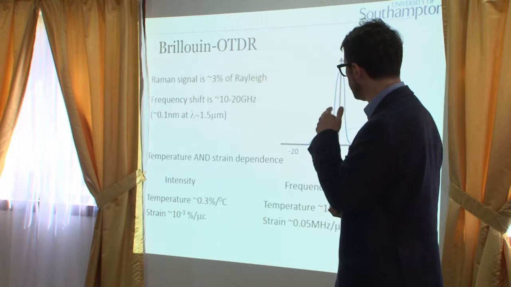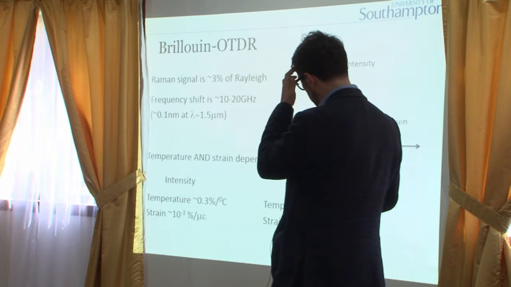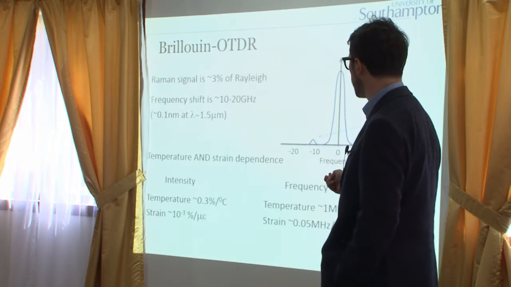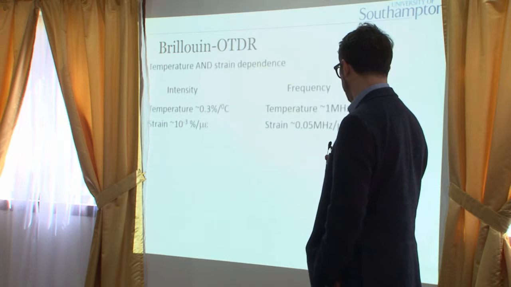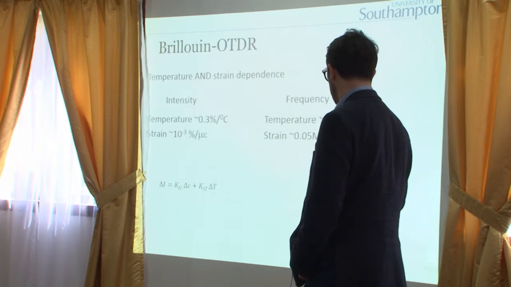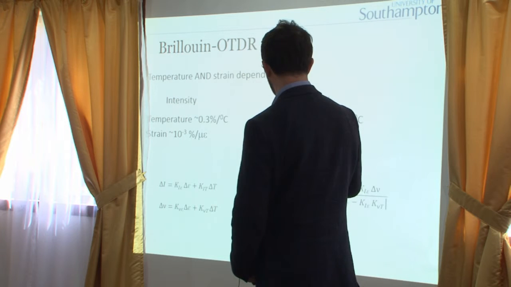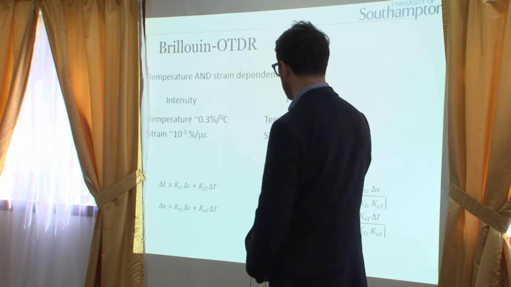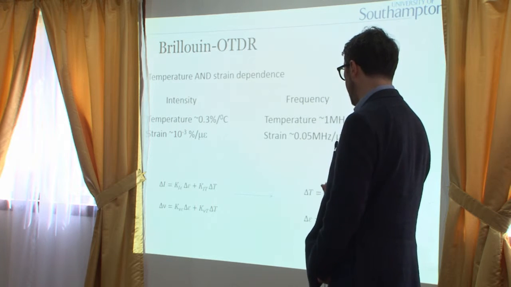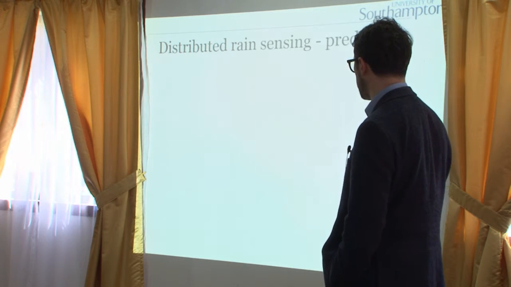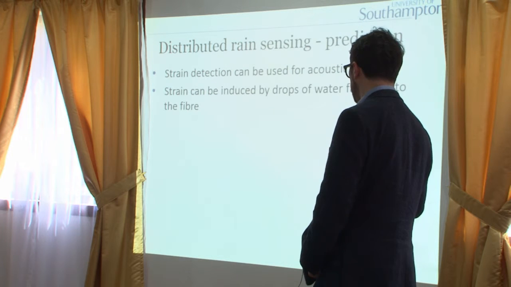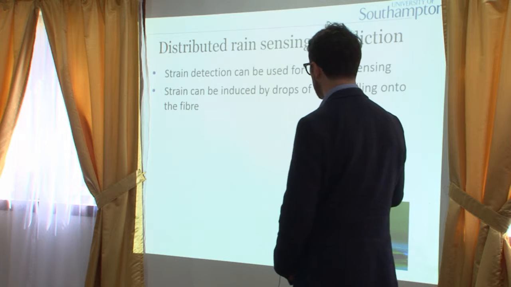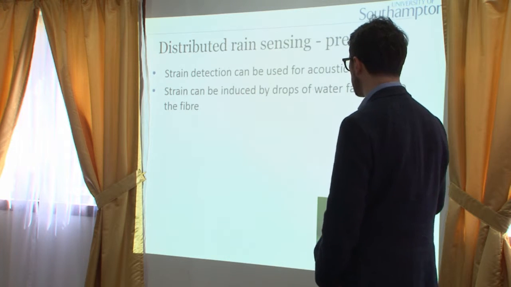So why is this important? It's important because the strain is what we can use to determine the acoustic trace. So this is the inverse process. If we measure the intensity and the frequency shift, then we can get the temperature and the strain induced. Now, if we imagine a droplet that is falling down, this will induce a strain.